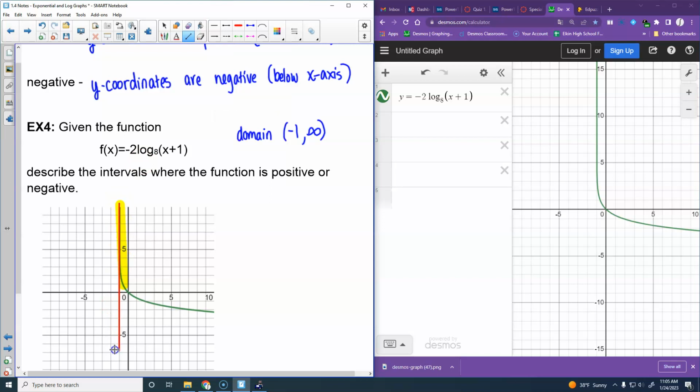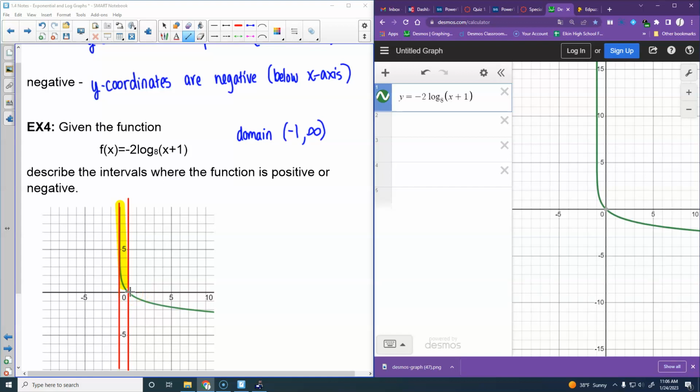The furthest left I can go is right here, because the function stops at -1. And then all the way up to that x-intercept, which let me click over here and make sure it is 0, 0. Yeah, 0, 0. All the way from here to here, I have the function is above.